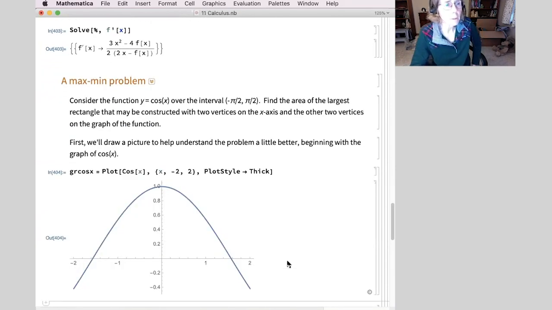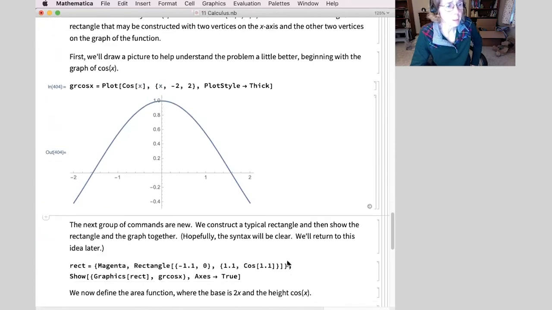What I'm looking for is the rectangle with the maximum area. Now, this is new, but we will come back to this in more detail in a later tutorial. Rectangle, I'm naming my rectangle. It's going to be magenta because that's pretty. And I have a rectangle that goes from minus 1.10, so about down here, up to 1.1 comma cosine of that.